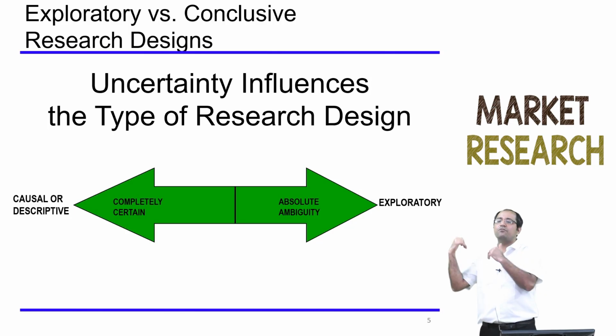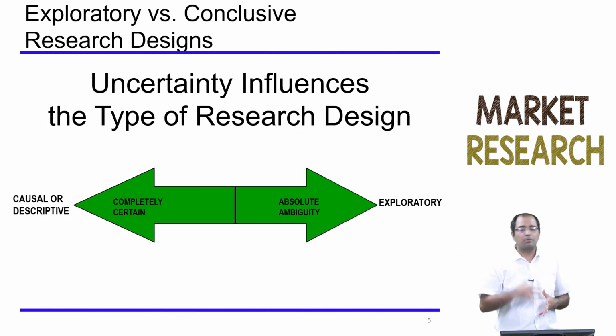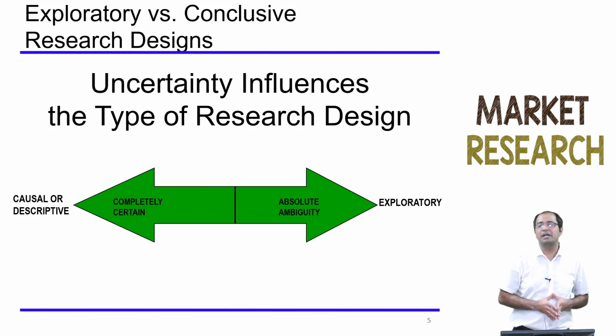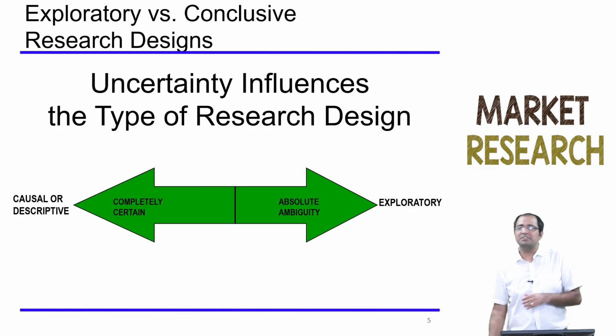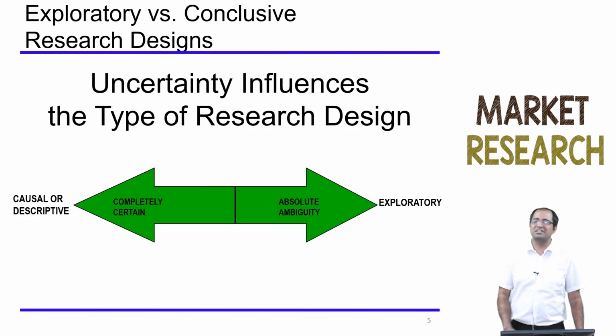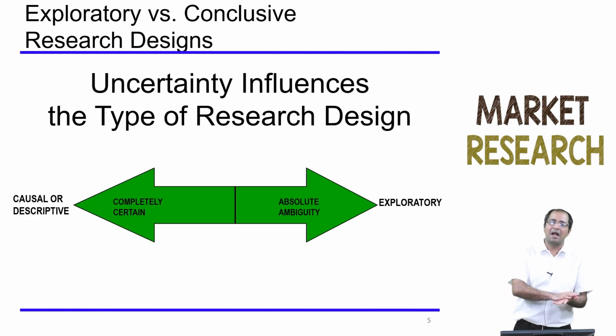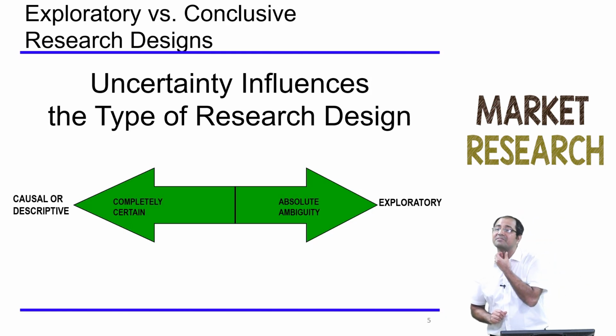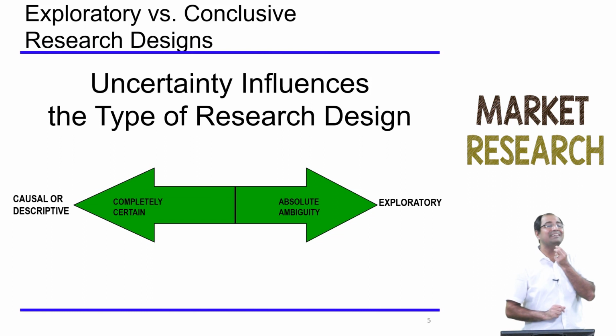Whether the probable cause is one or two, there is no information. Once there is a probable cause, the research design used is called conclusive research design, which is of two types, descriptive and causal. The findings of exploratory research are tentative in nature.